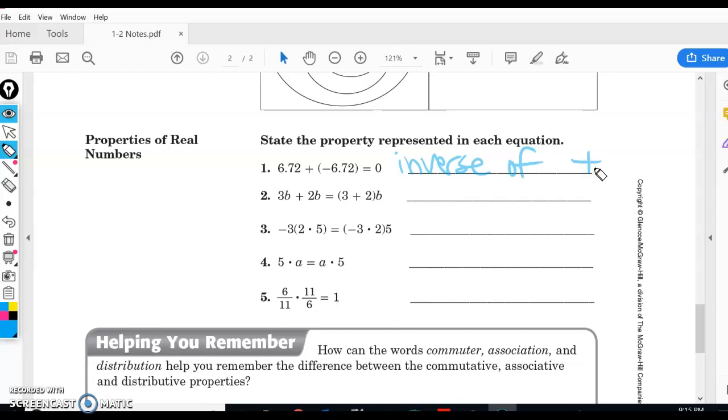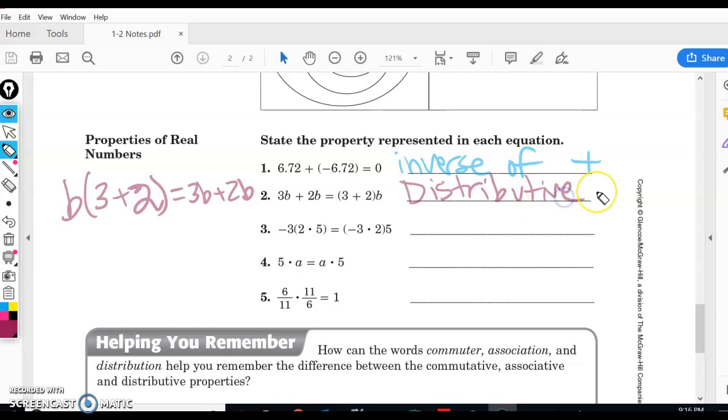Inverse meaning we can add the opposite. Number 2, 3b plus 2b is equal to the same thing as 3 plus 2 parenthesis b. Little tricky one here. It may have made more sense if we rewrote it as this. Rewriting it like that makes it look like the distributive property a little bit more clear.